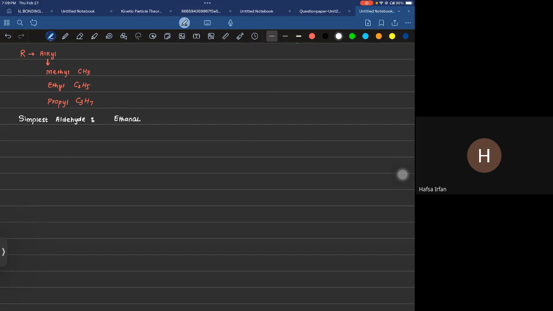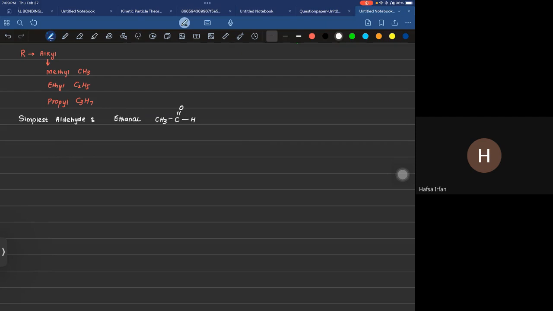And you know ethanal is this: CH3 C double bond O then H. This is ethanal, the simplest aldehyde. इससे कम वाला possible है ही नहीं. Okay, इससे कम वाला possible नहीं है.